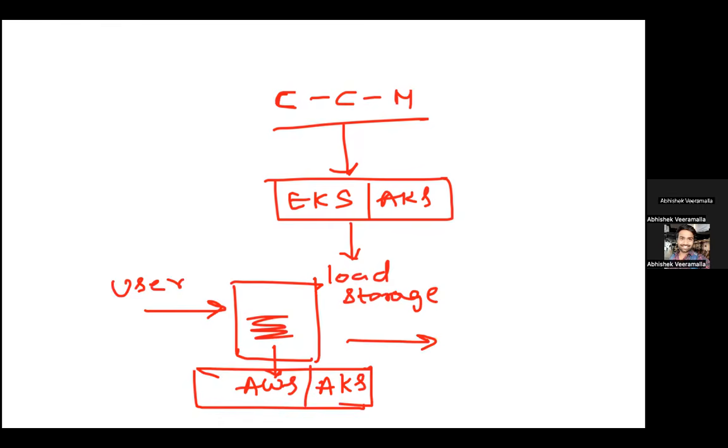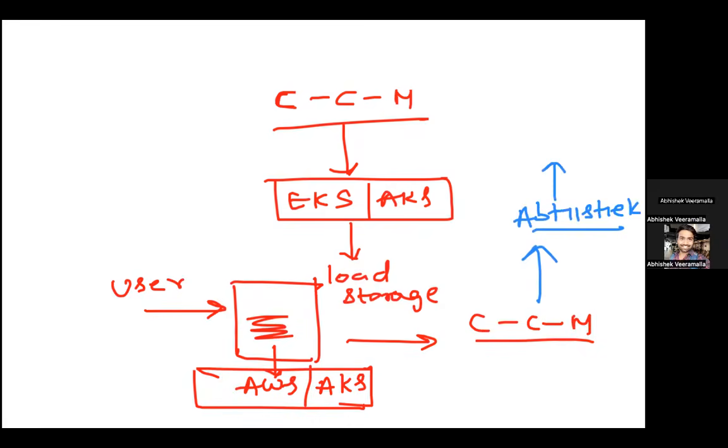So this mechanism has to be implemented in your cloud controller manager. That means, let's say tomorrow there is a new cloud called Abhishek, and you want to run Kubernetes on this platform called Abhishek.